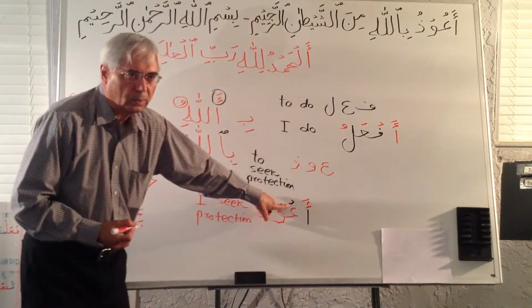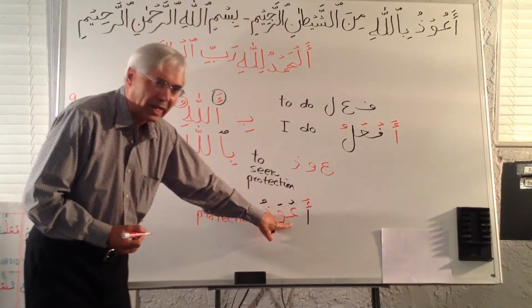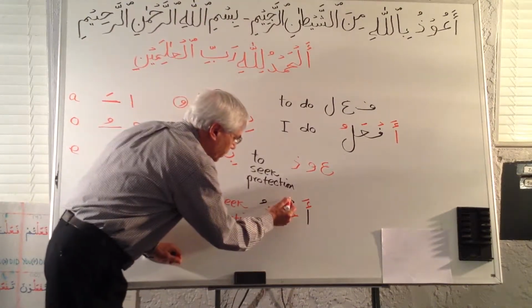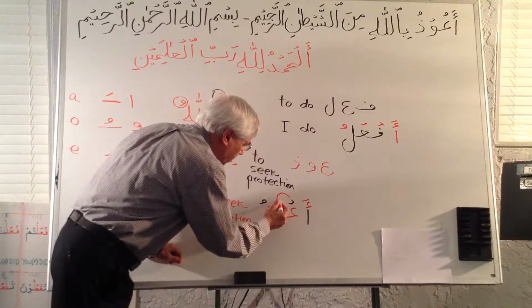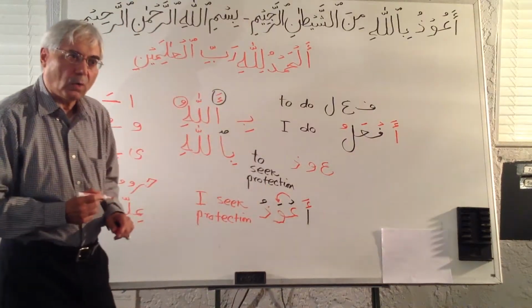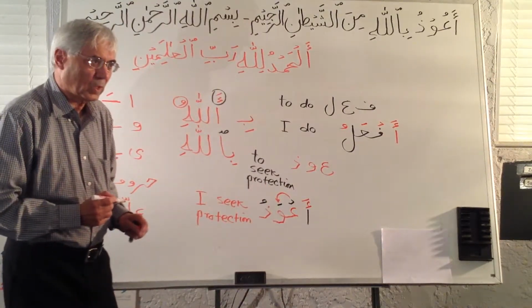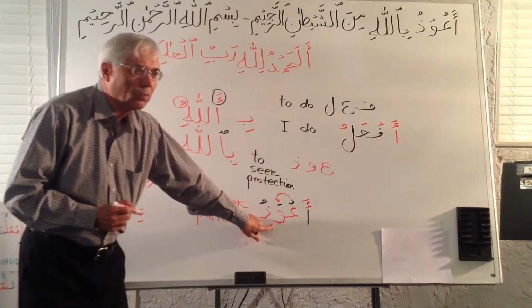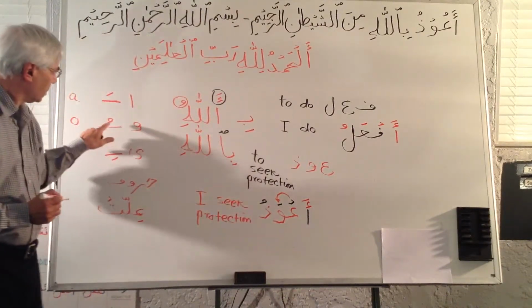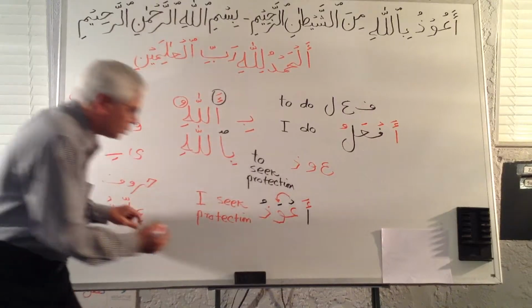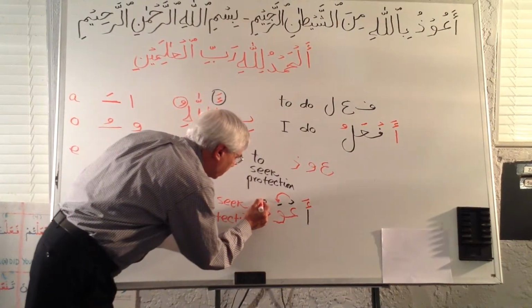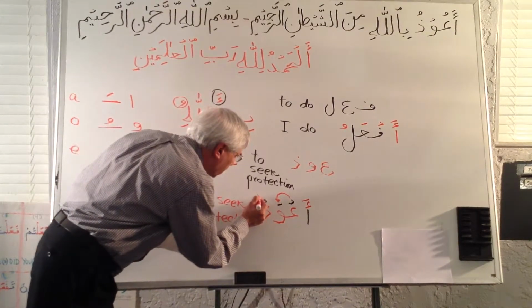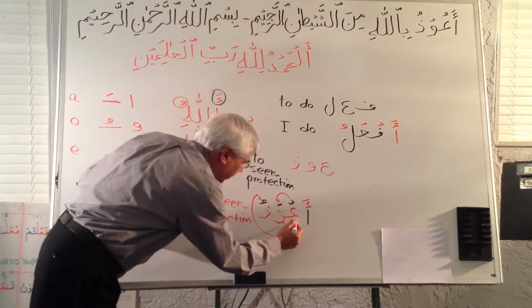This sukoon here, which is on ayn, we move this sukoon here on waw. And this sound of waw is dhamma here, right? So we change that on the ayn.